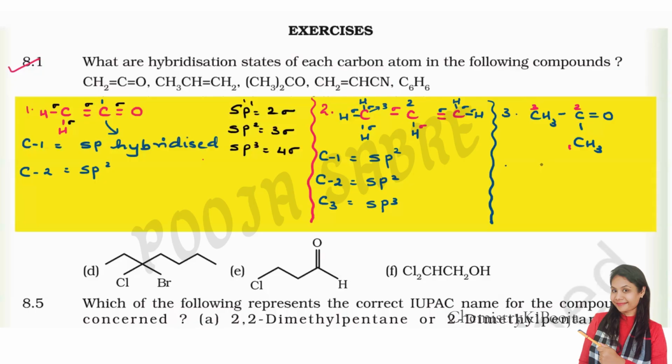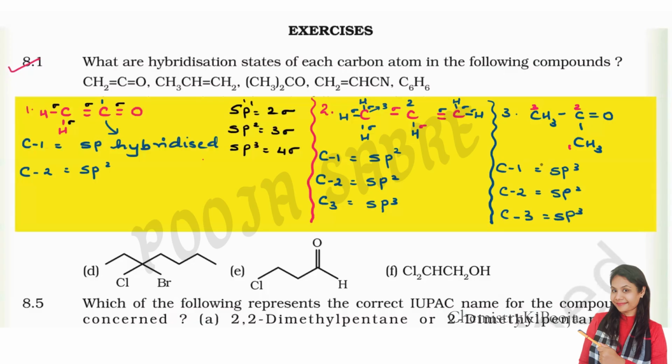Now C1 has all single bonds, that means 4 sigma bonds, so it is sp3. C2 has one double bond, so it is sp2. And C3, all bonds are sigma bonds, so C3 is sp3 hybridized.